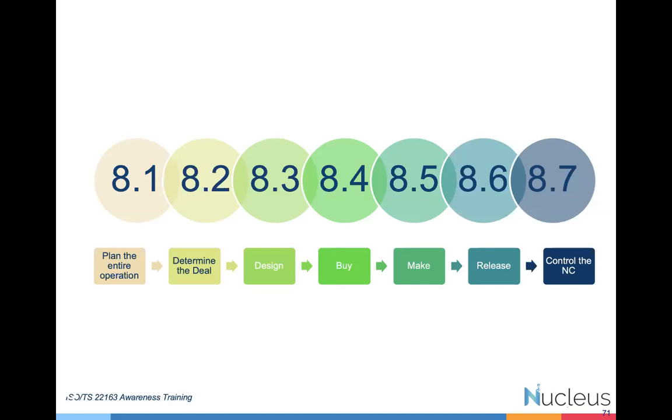Then coming to 8.2, requirements for the products and services. Who will be the process owner for this? 8.2. Marketing, sales, business development, perfect. Tendering, perfect. Right? That's what 8.2 is.